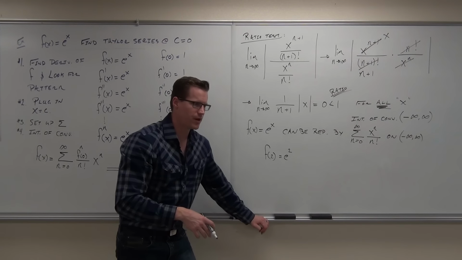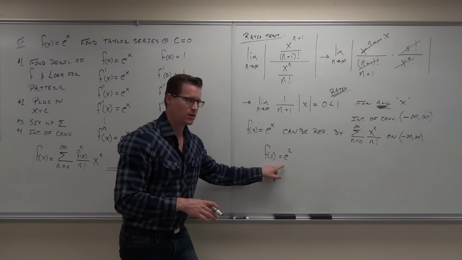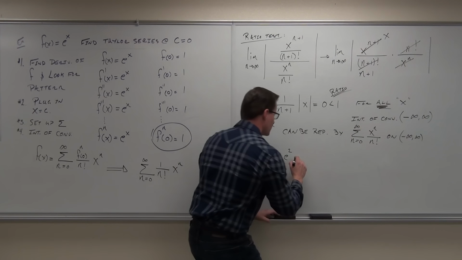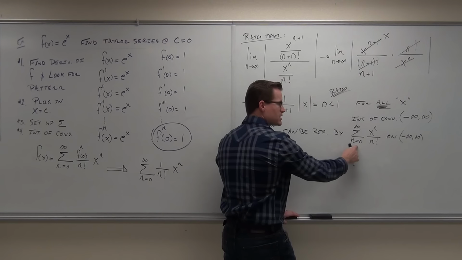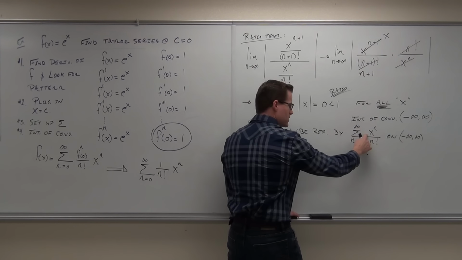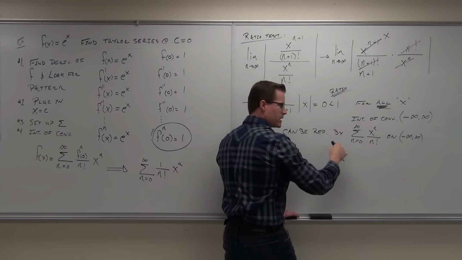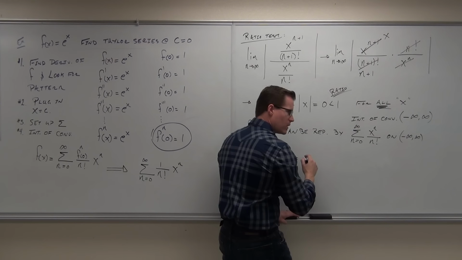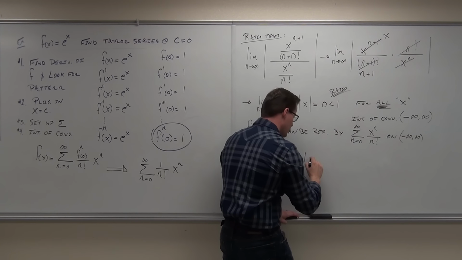Here's what I could do with that. It's really cool. Notice how I have an e here. Does this have an e in it? No. Yet when I do my series, if I plugged in 0, I would get 2 to the 0 over 0 factorial. I would get 1 plus.